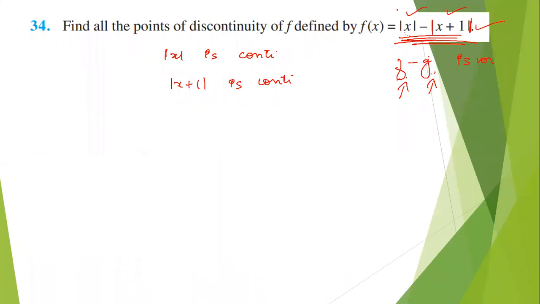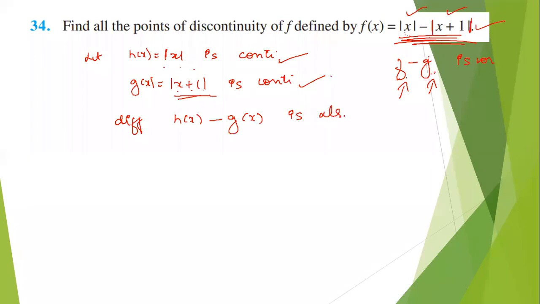So directly you can write let some h of x be equal to mod x and some g of x be equal to x plus 1. Since we know modulus of x is continuous and absolute value of x plus 1 is also continuous, we can say difference, that is h of x minus g of x is also continuous.